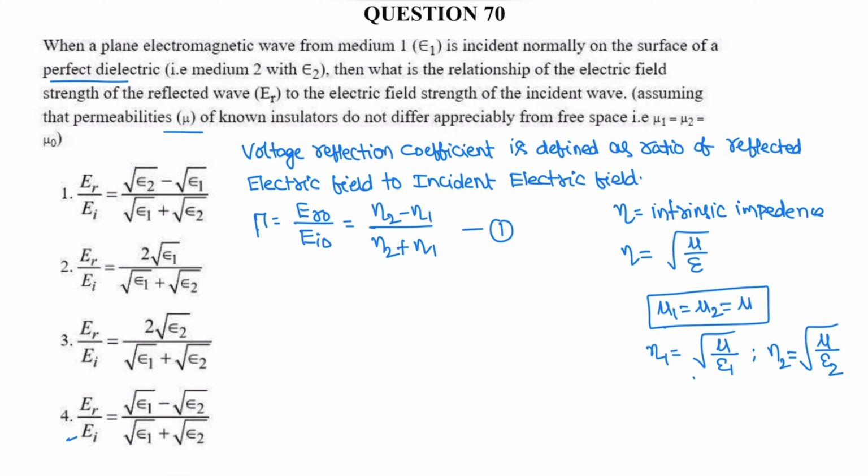Then we get the reflection coefficient gamma as square root of epsilon 1 minus square root of epsilon 2, by square root of epsilon 1 plus square root of epsilon 2. This is the reflection coefficient gamma. So the correct option is 4.